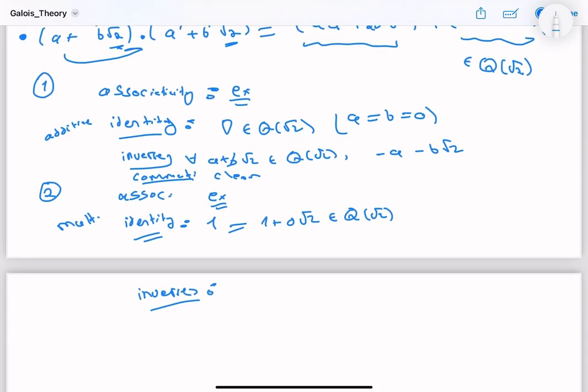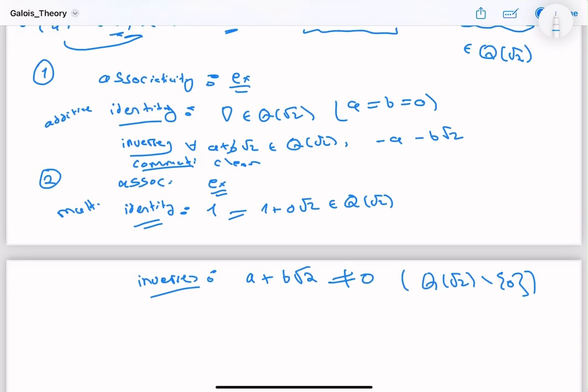So inverses: if you take an element, it's important to mention this at least once in life. What's the inverse of a plus b square root of 2 when this is not 0? Why is this not 0? Because we're talking about elements of q square root of 2 take away 0. So we're assuming a priori that this element is not 0, meaning one of a and b is not 0.